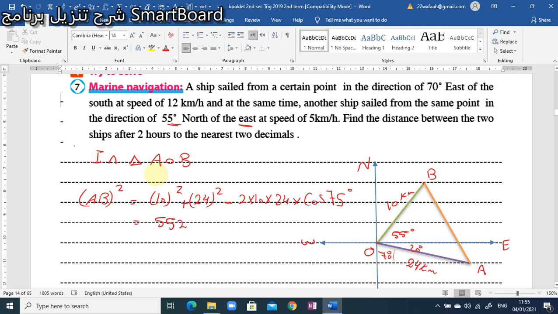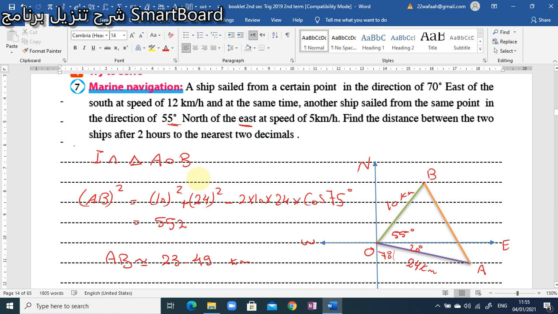Square root, approximation 24.23 to decimal approximation 20.49.